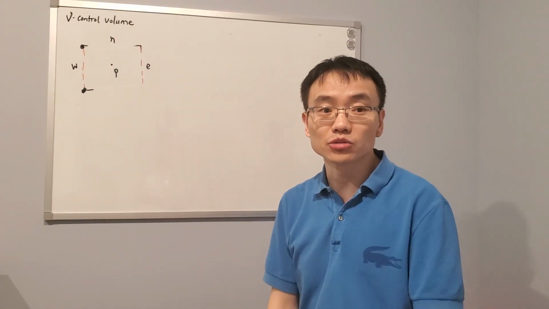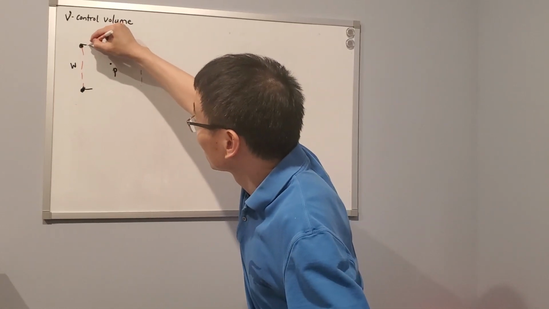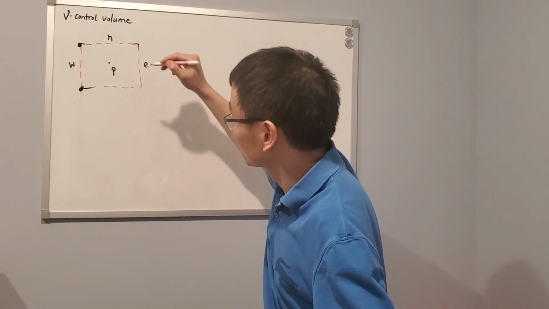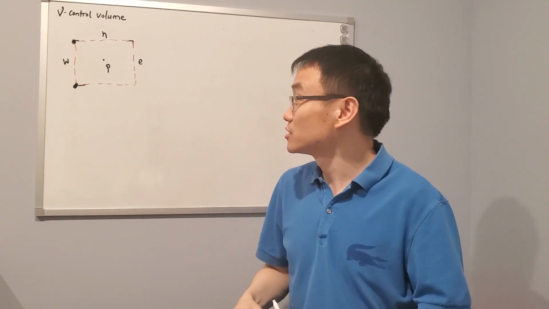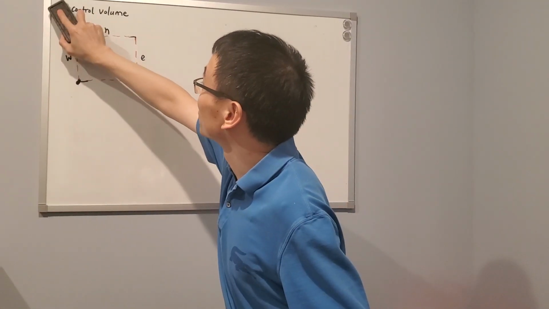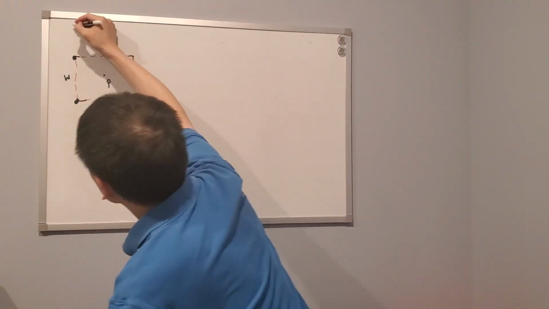So for pressure correction equations, we're gonna use the scalar control volumes. And the scalar control volume will have four faces all joined with dashed lines. So I'm going to change this title to scalar control volume.